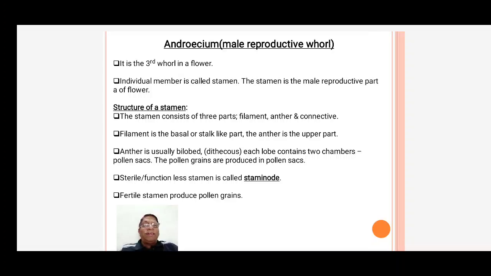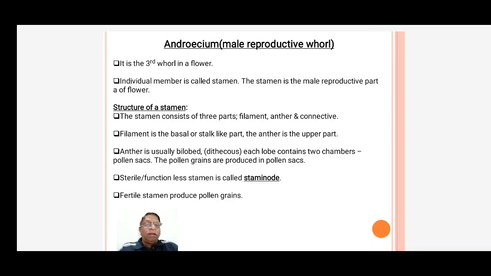Now, the stamen when it produces pollen grains is called functional stamen or fertile stamen. Sometimes the stamen does not produce the pollen grain.